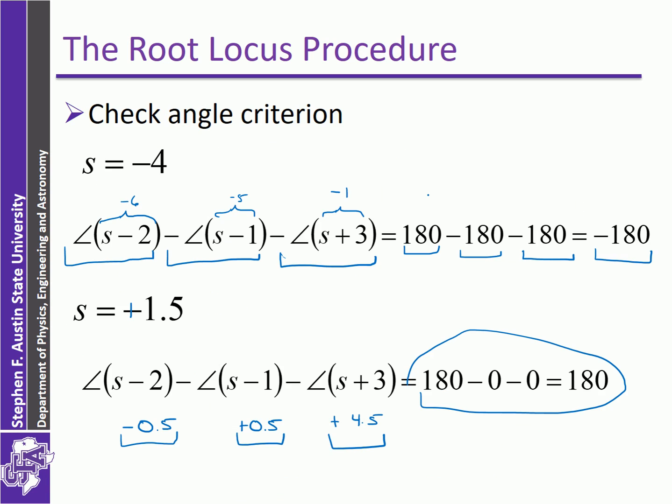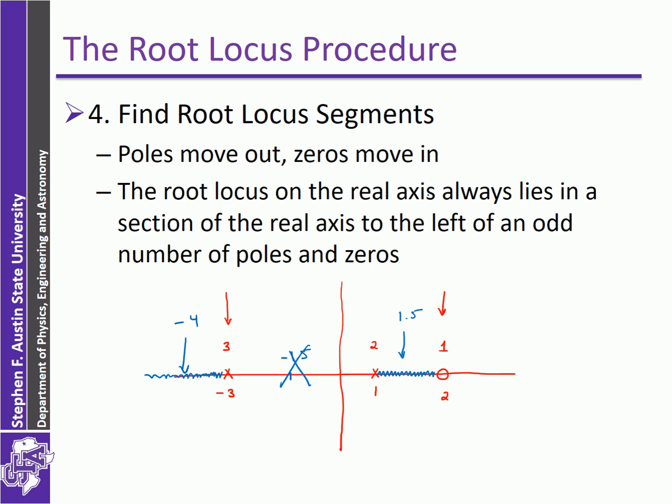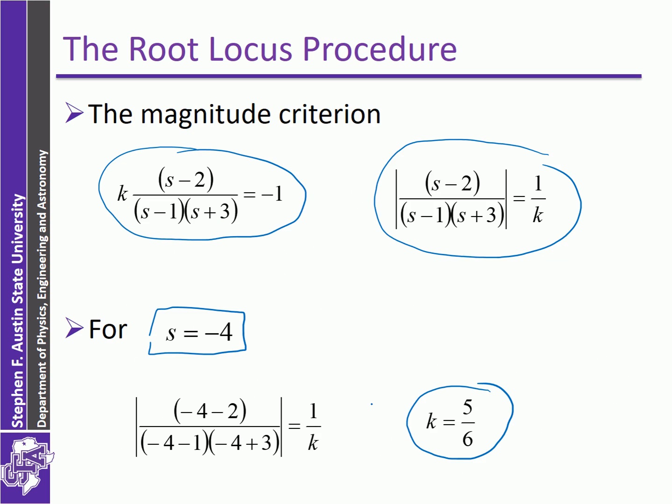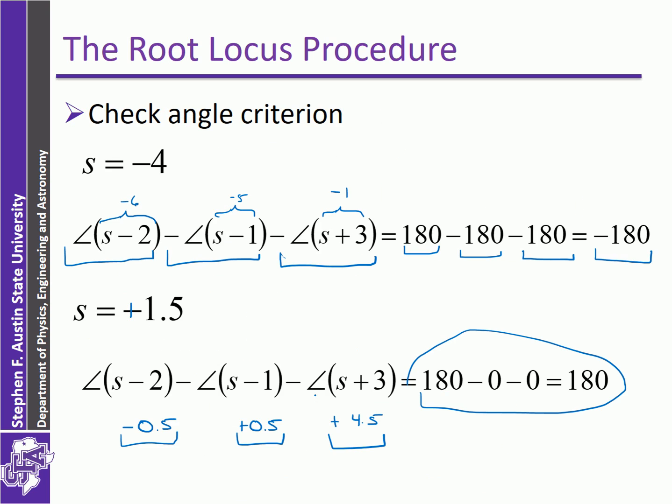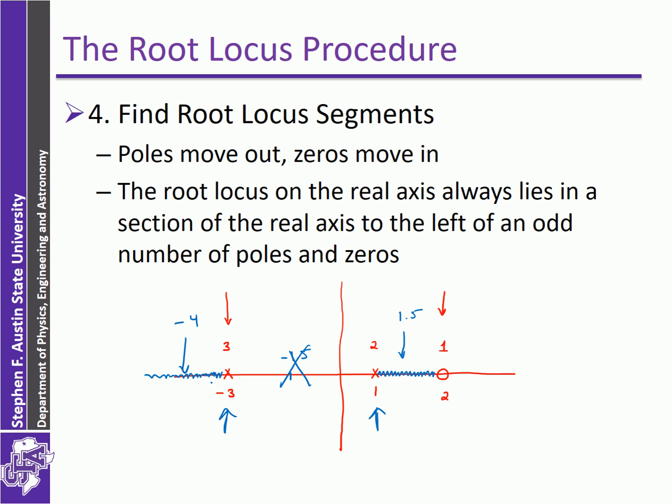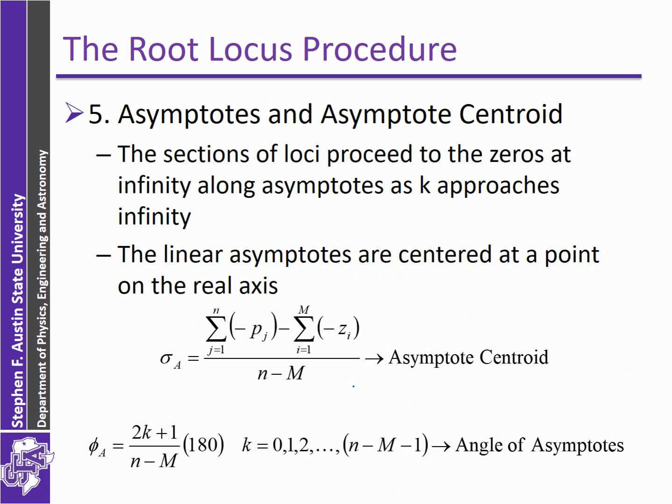In this case, we had 2 poles: the pole at -3 and the pole at 1. So that means we have 2 separate loci on our system. These loci are typically symmetrical with respect to the horizontal real axis. Right now we didn't have any of those because all of them were located right on the real axis, but later we'll see how they are symmetrical with the axis.